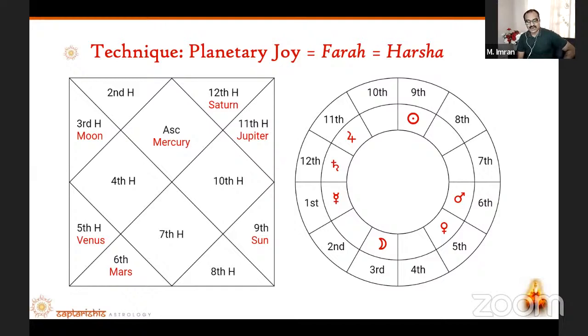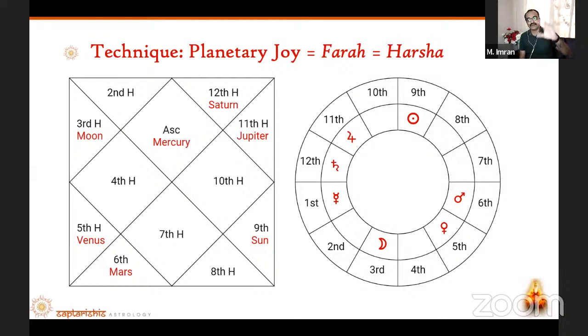In any chart, if you find Moon in the third house, then Moon is in her own house of joy, her house of comfort, at ease, her natural place, right?